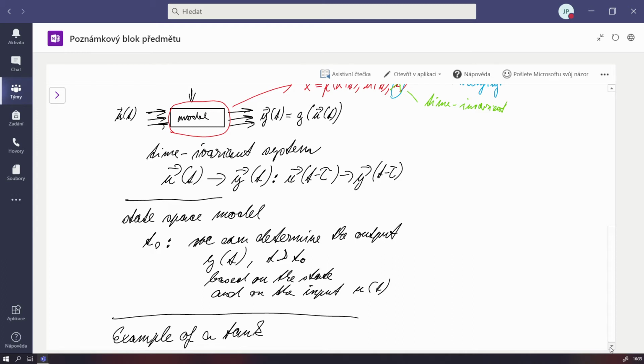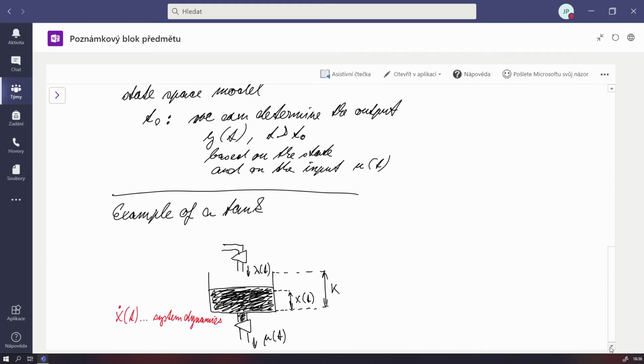And we need to define the state variable, which is denoted as xt and represents the level of the liquid, the level which is filled in the tank. There is also the maximum level which can be reached, denoted as K.